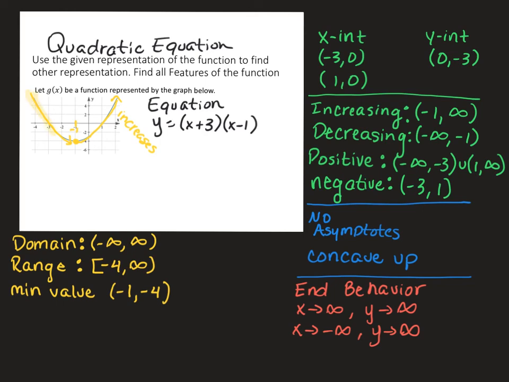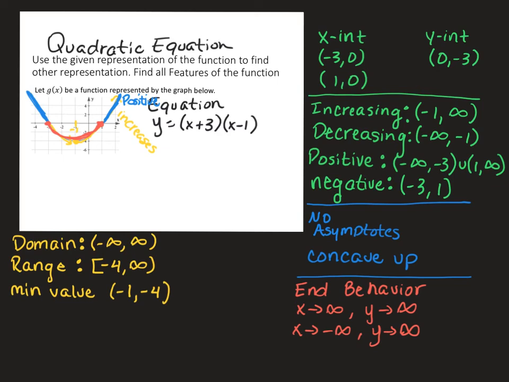When I am talking about positive and negative, I'm talking about where the graph is positive, which is when the graph is above the x-axis, and it's going to be negative when it is below the x-axis. So using your x-intercepts as places where the function switches between positive and negative.